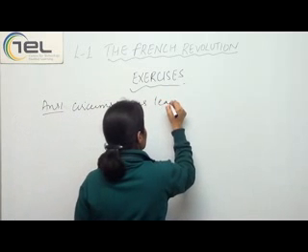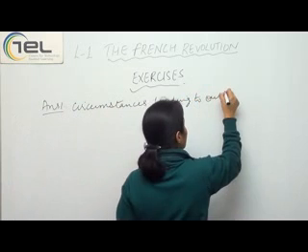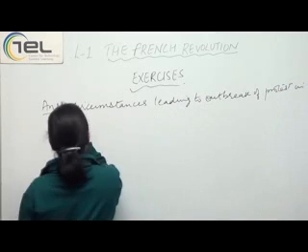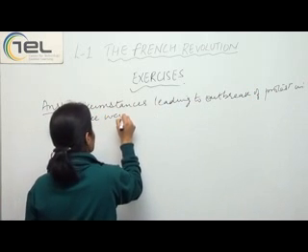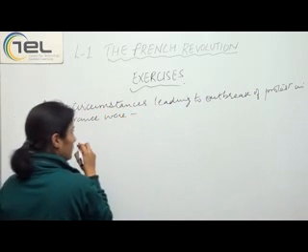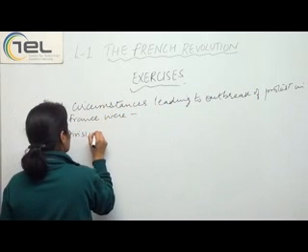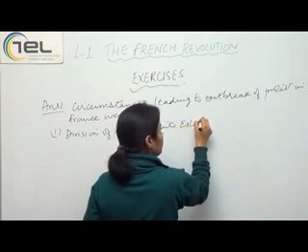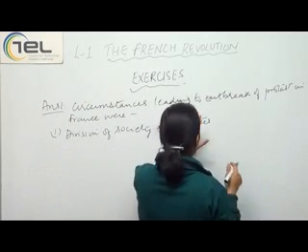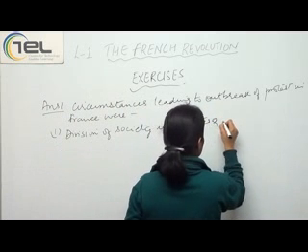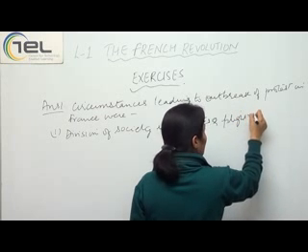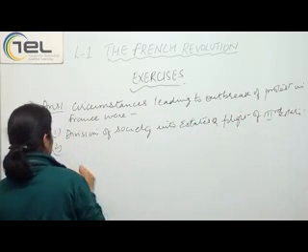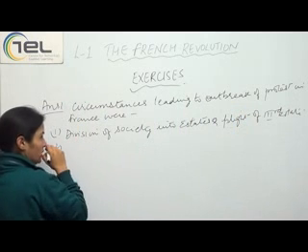Circumstances leading to outbreak of protest in France were: first, division of society into states, and plight of the third state, especially the peasants, which consist of peasants, lower classes, or middle classes and lower classes.